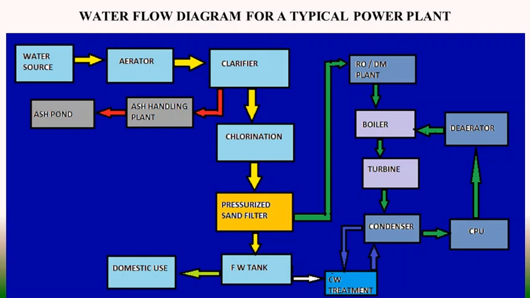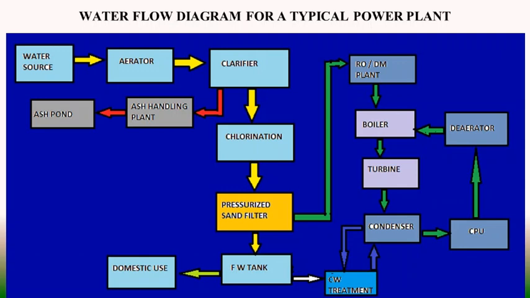Raw water collected from the source is aerated, then clarified in a clarifier, then it is sent to the ash handling plant to carry the ash to the ash pond as a slurry. Then from the clarifier, chlorination is done. Then a pressurized sand filter is there to separate, by gravity, the suspended solids.